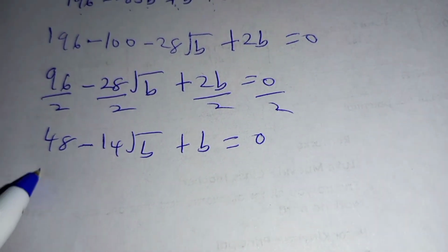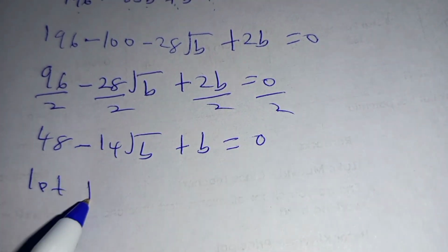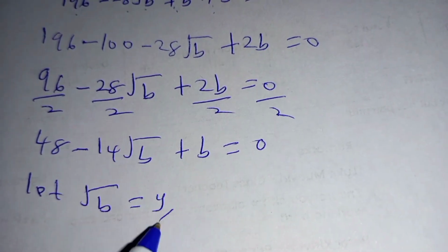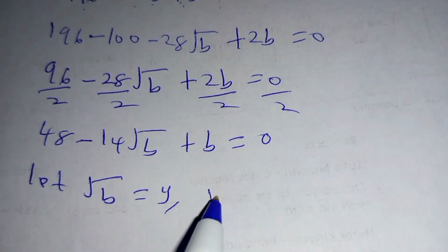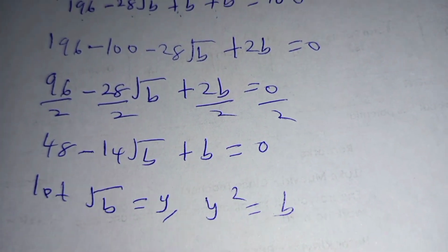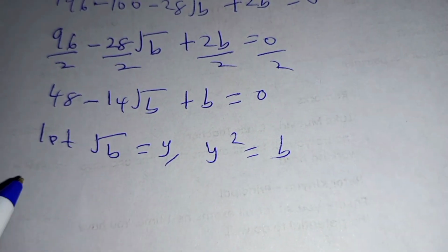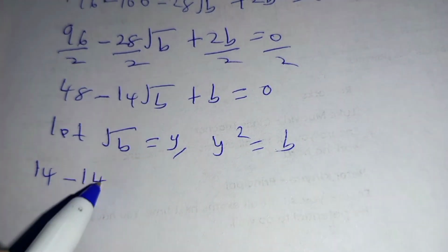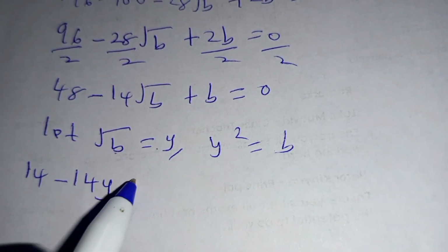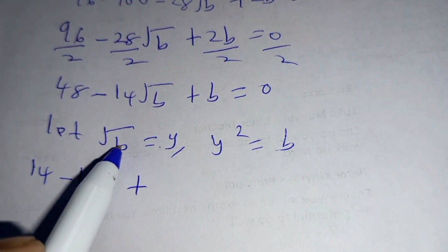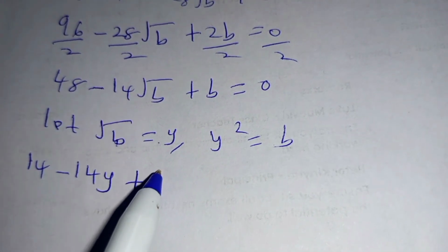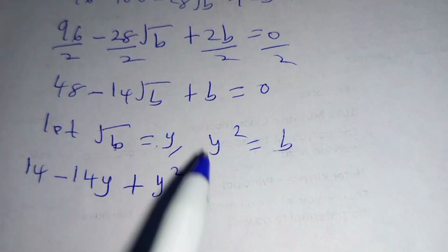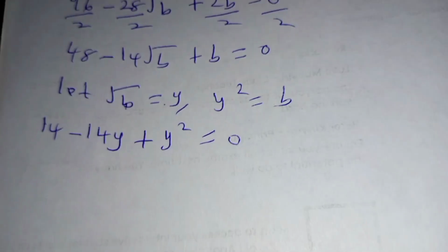Then from here we let root of b be equal to y, so that y squared is equal to b. We substitute, so you have 48 minus 14y, since root of b is y, plus y squared, which is b, equal to 0.